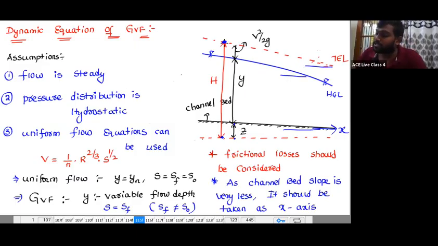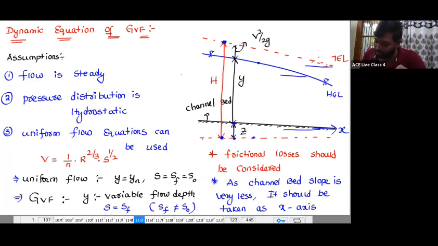What is the SF? The total head from the TEL to the datum, H with respect to X. And what about the channel bed Z? From the channel bed to the datum. Now what about the water surface? From the water level to the datum, what is this depth?